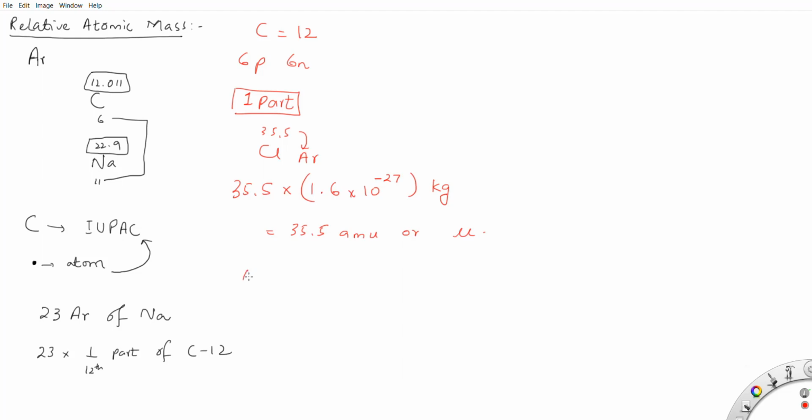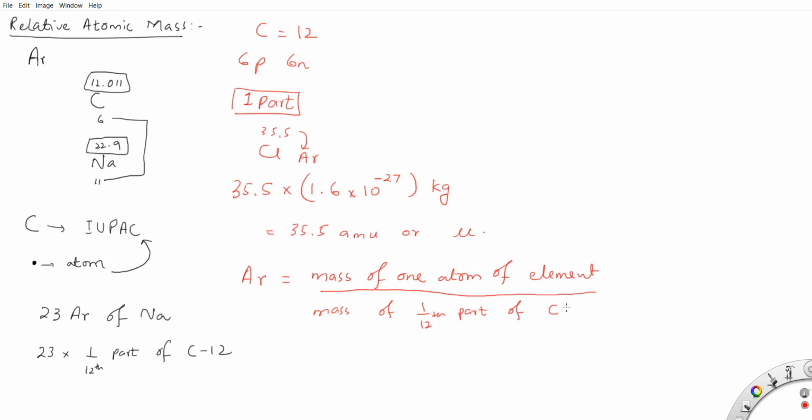And you can work out relative atomic mass by using this formula: mass of one atom of the element over mass of 1/12 part of carbon-12.